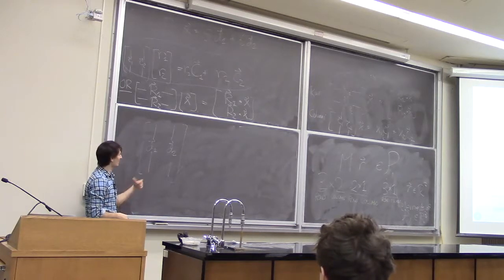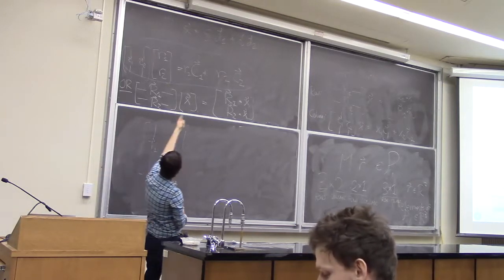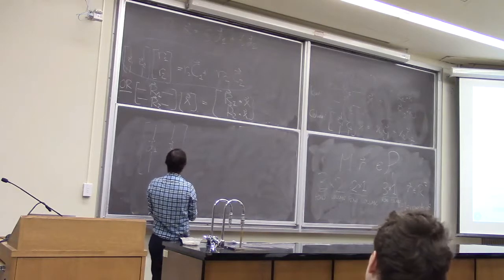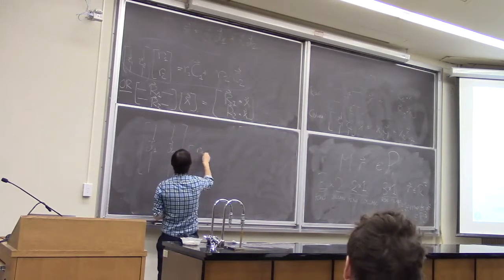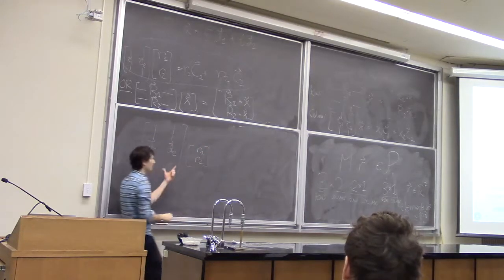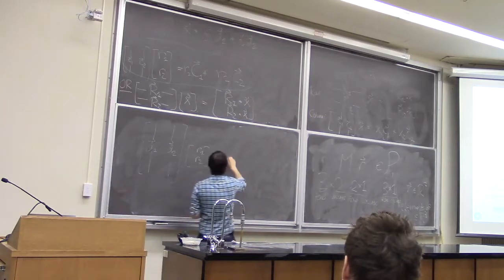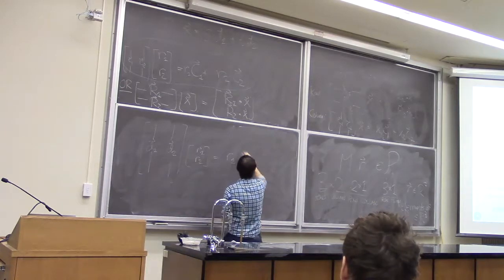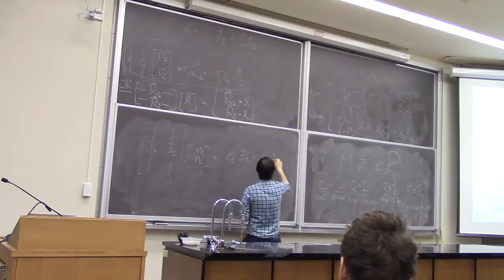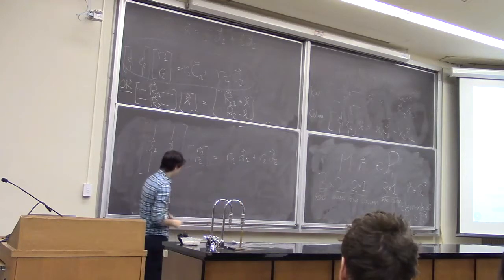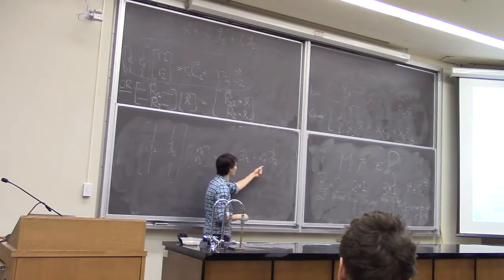What about this one? We've got D1 and D2, so when you write down linear combinations, if you multiply this by any vector R1, R2, you get R1 D1 plus R2 D2.